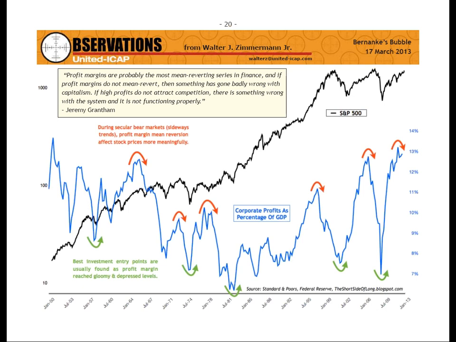So corporations are doing great right now, but even if we look at the most bullish chart out there, corporate profits as a percent of GDP, and we take the advice of some very wise people who have made a lot of money in the markets, even then, there's cause for concern here.